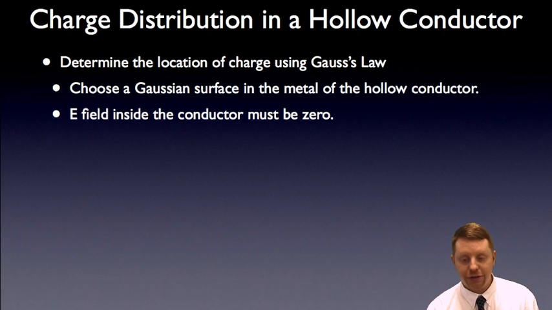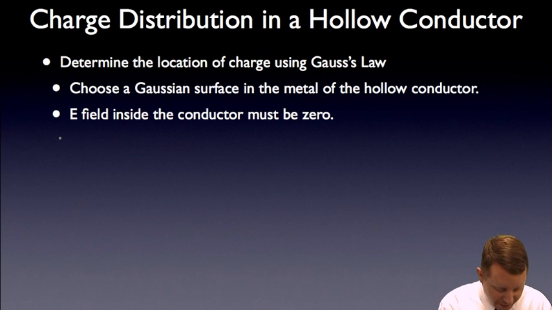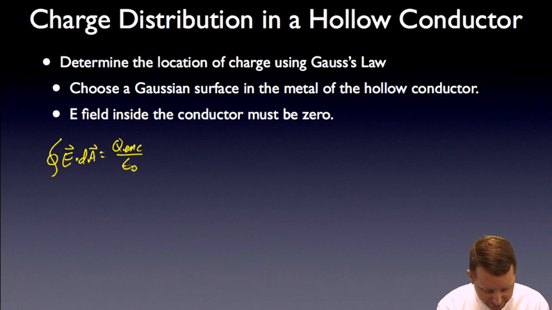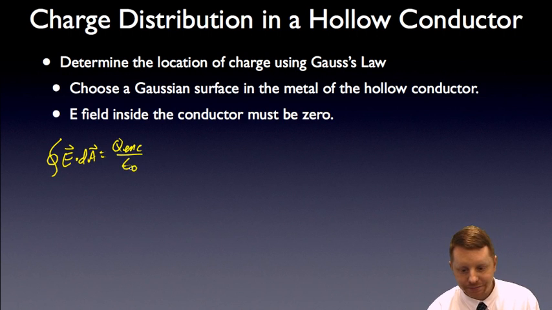Let's take a look at charge distribution in a hollow conductor. In a hollow conductor, you can determine the location of charge by utilizing Gauss's law. Let's choose a Gaussian surface in the middle of the hollow conductor, making note that the electric field inside the conductor must be zero. So if we choose that as our Gaussian surface, then Gauss's law states that the integral over the closed surface of E dot dA must be our total charge enclosed divided by epsilon zero again.